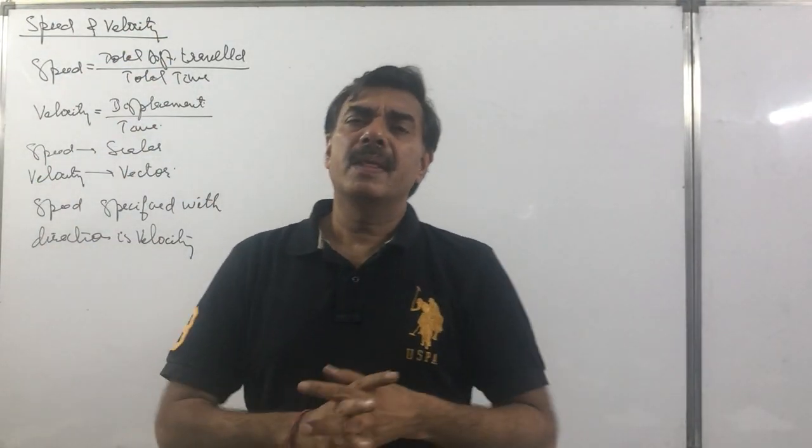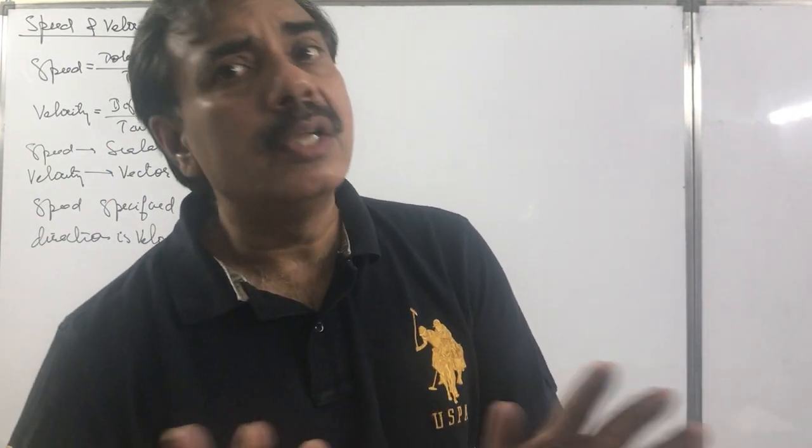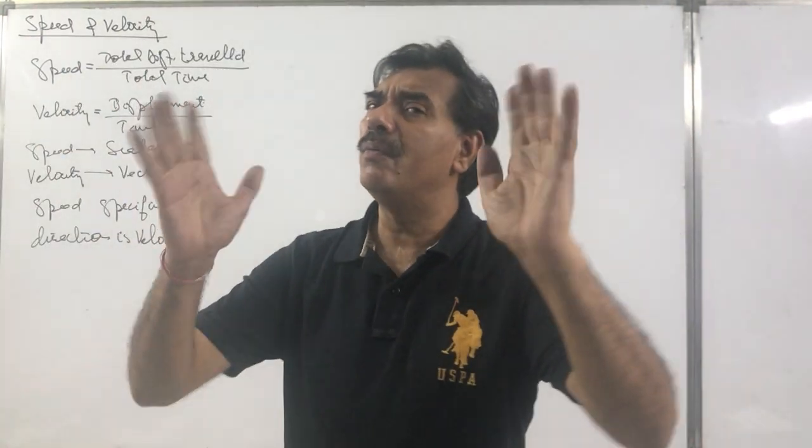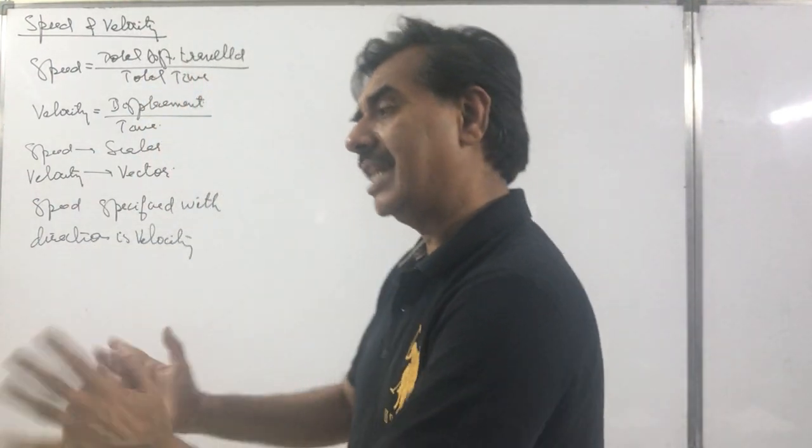If we say a particle has a speed of 20 meters per second, you do not come to know where the particle is going. You just know that there must be a vehicle or a particle moving with a speed of 20 meters per second.